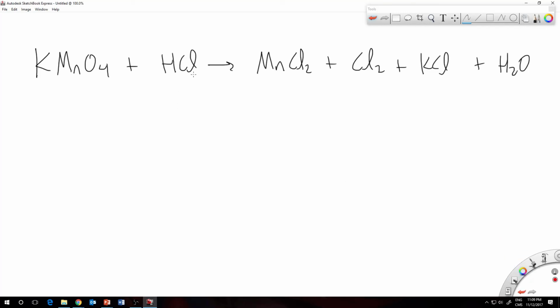Partly because you've got one chlorine on the left, but then on the right side you've got 3 of them. So you don't know which one to pick, right? Is it going to this one, or this one, right? And then once you do decide which one it is, how do you go about balancing the other 2, right?